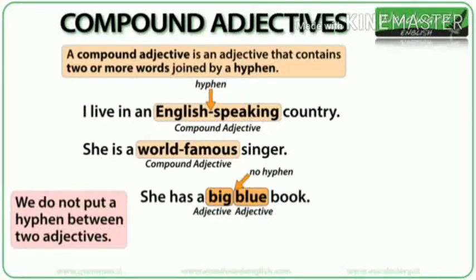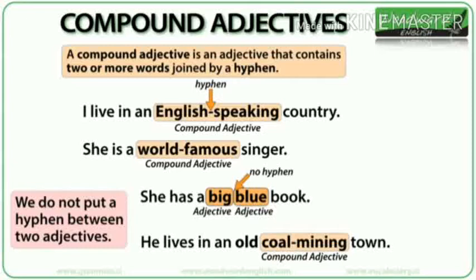She has a big blue book. These are two different adjectives that are describing the book. Now one more example: he lives in an old coal-mining town. Old is a simple adjective and coal-mining is a compound adjective. So coal-mining town.